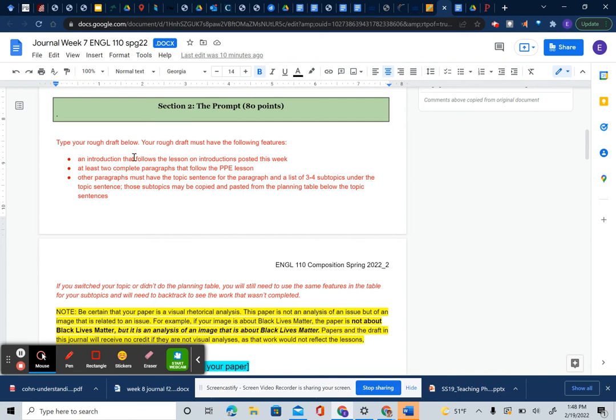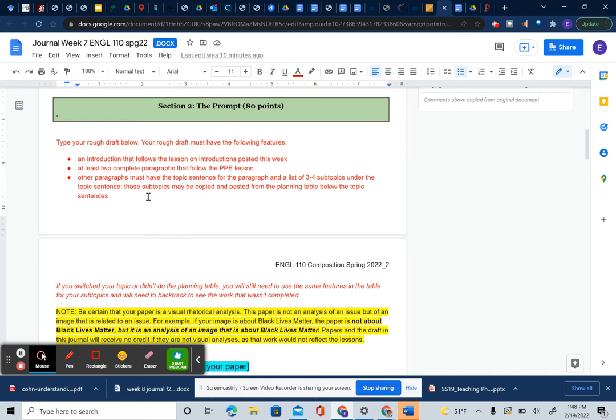But you will need to have an introduction that follows the lessons on introductions, at least 2 complete paragraphs that follow the PPE lesson, and then other paragraphs must have the topic sentence for the paragraph and a list of 3 to 4 subtopics under the topic sentence. Those subtopics may be copied and pasted from the planning table below the topic sentences.